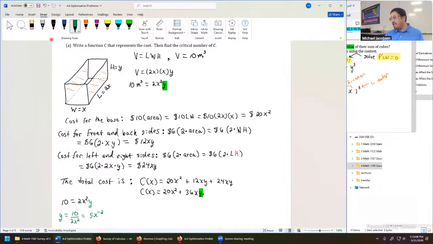I'll write this one as a negative exponent, x power negative 2. So that 5x power negative 2 will go right back inside here. And once we make that substitution, it's not a lie when we say cost really depends just on x. So cost in terms of x is now 20x squared plus 36x times, here's our next substitution, 5 times x power negative 2.